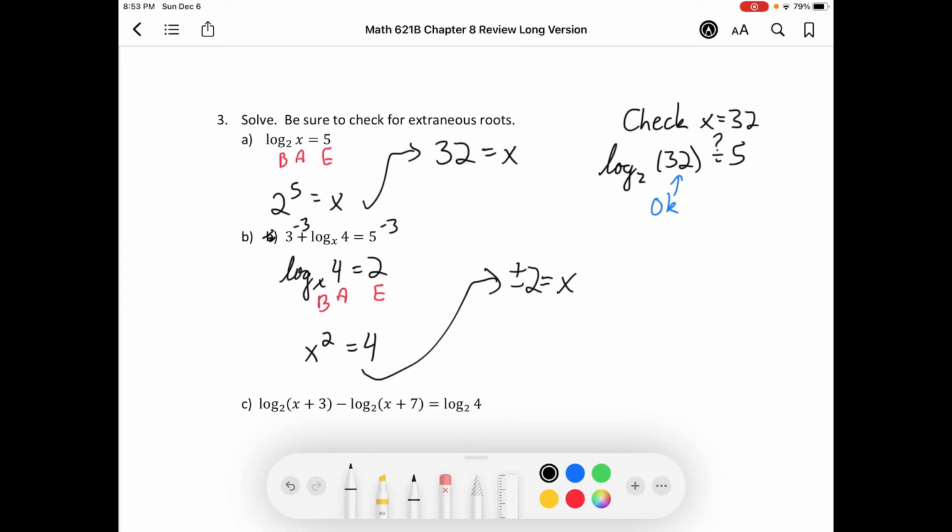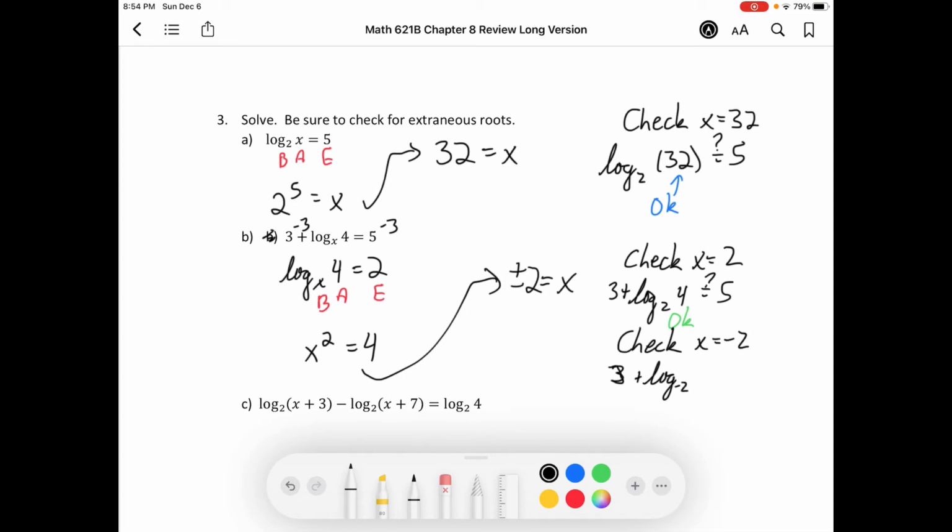Right? But if I check each of those, let's see, check x equals 2, log base x 3 plus log base 2 of 4, we're wondering is that 5? The main thing is that this over here is okay. If we check x equals negative 2, we're not too happy about having a negative base. So we've been using only positive bases, and we would say that this is not okay.